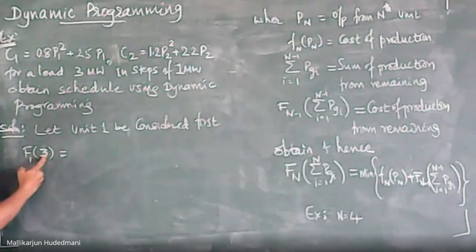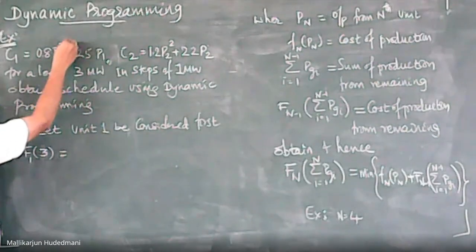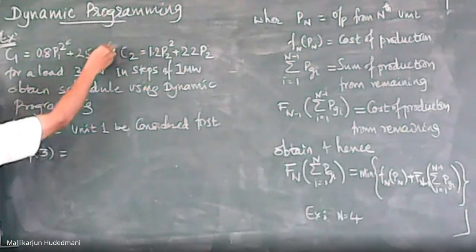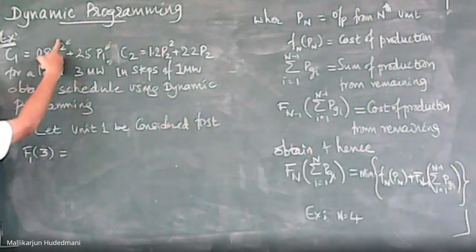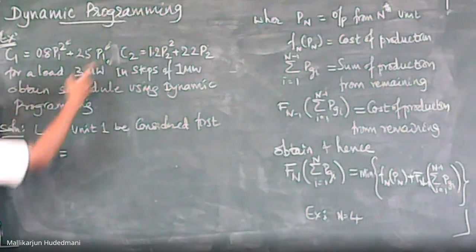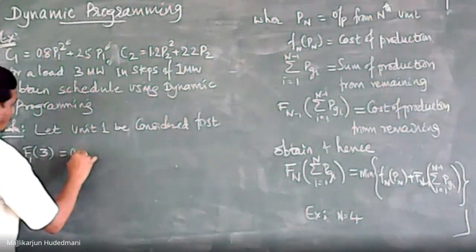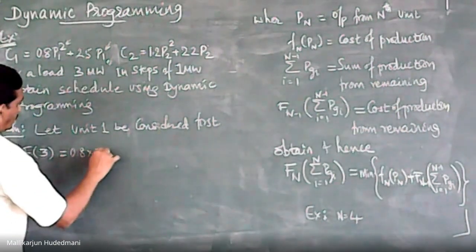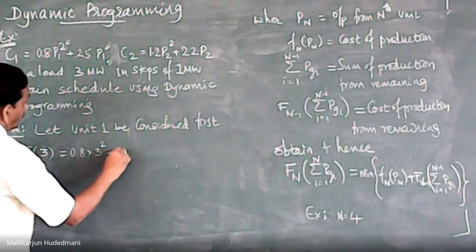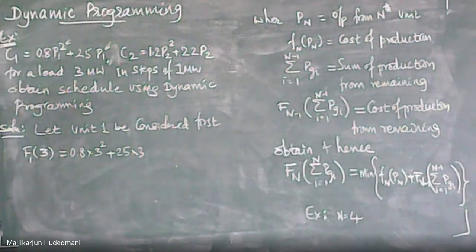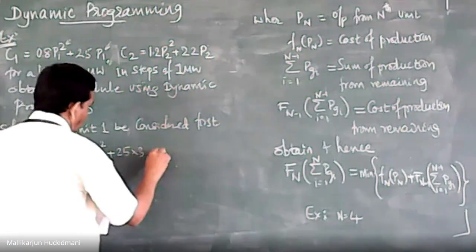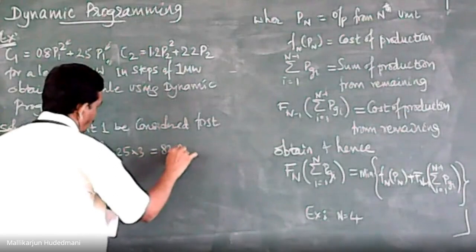In this position, I substitute 3: 0.8 into 3 square plus 25 into 3. I am getting the actual production cost from machine number 1, which comes out to be 82.2.